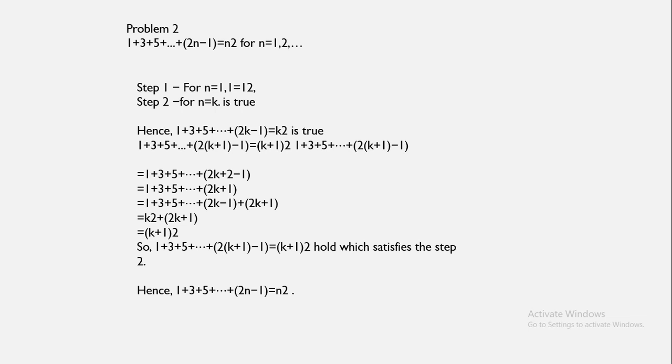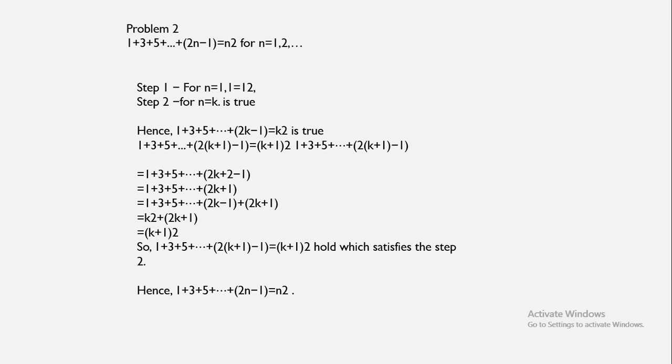Step 2: let us assume the statement is true for n equals k. Like I said earlier, step 2 is always to assume the statement is true, but we need to prove it is true.